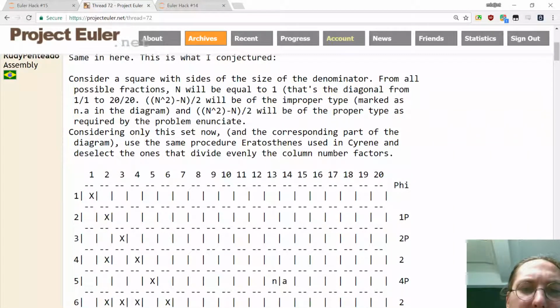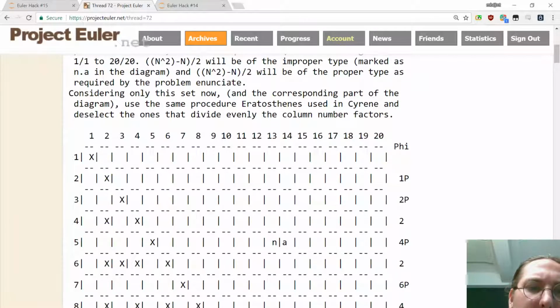Deselect the ones that divide evenly the column number factors. So he goes over 2 and deselects multiples of 2. He goes over 3, he deselects multiples of 3, and so forth.